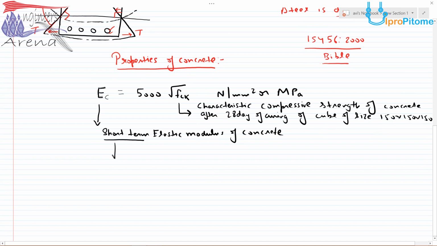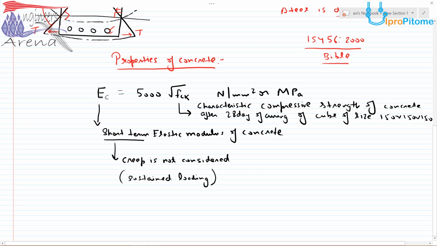So why is it short term? First of all, EC is Young's modulus of elasticity of concrete, and it is a short term elastic modulus. Why is it short term? Because we are not considering creep over here. We will study creep in detail. What is creep? I will tell you in short. Creep is the strain developed in the concrete, or any structure, due to sustained loading.